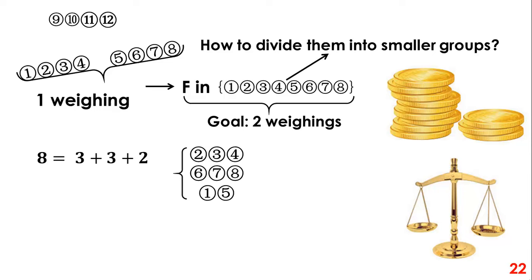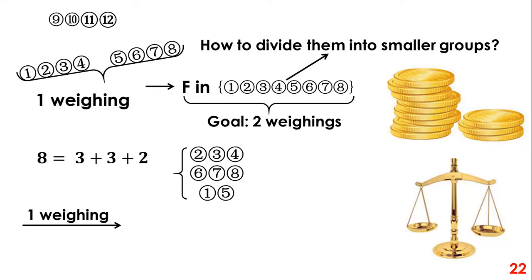So now, let's look at how we can use just 2 weighings to find a fake one among 8 coins. Let's spend our 2 weighings wisely and efficiently.